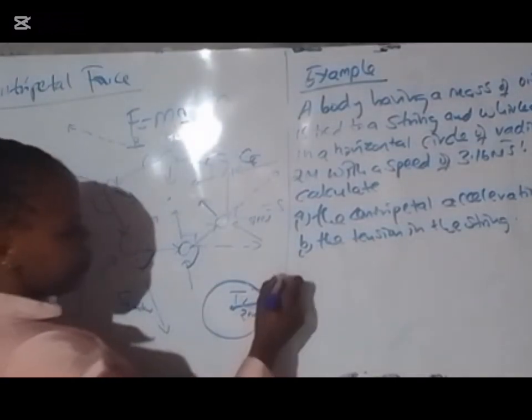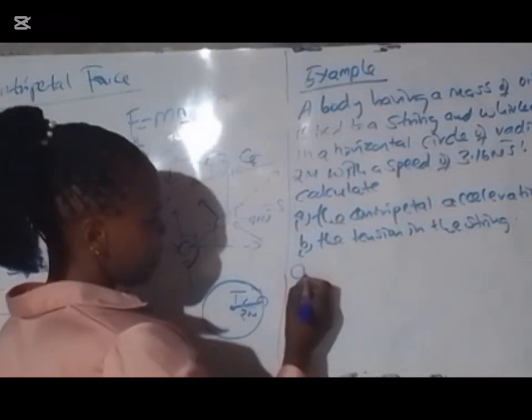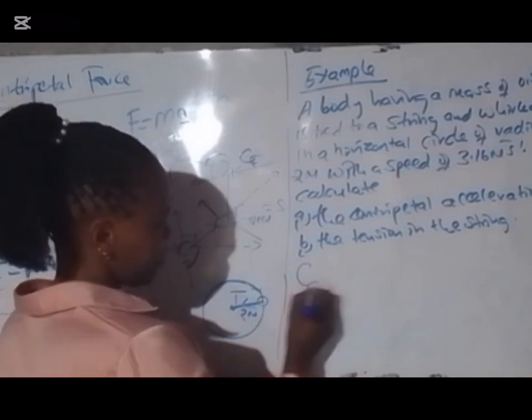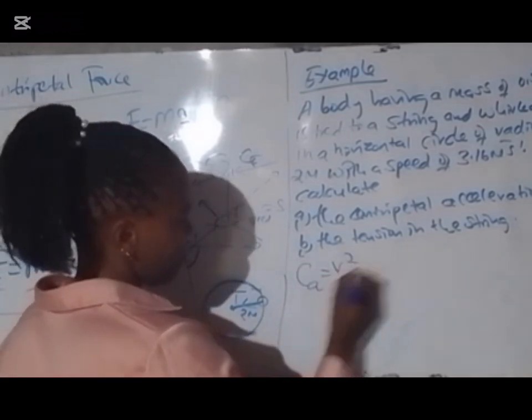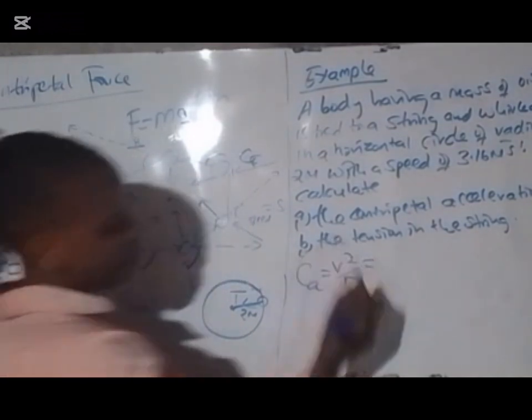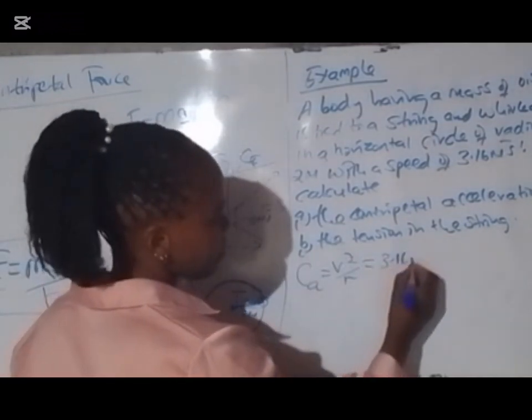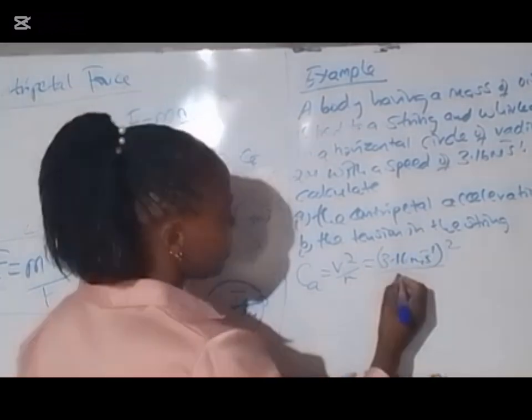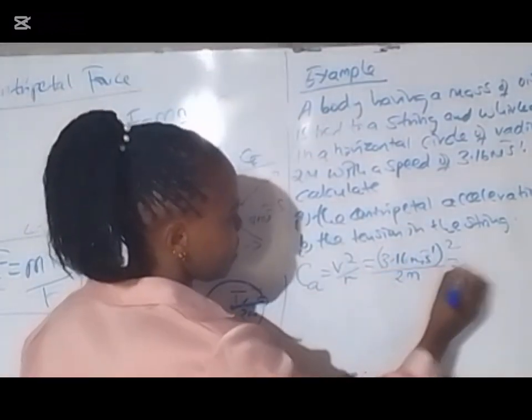So we know centripetal acceleration is v squared over r. So what do we have? It is moving at 3.16 meters per second, all squared, divided by r, which is 2 meters.